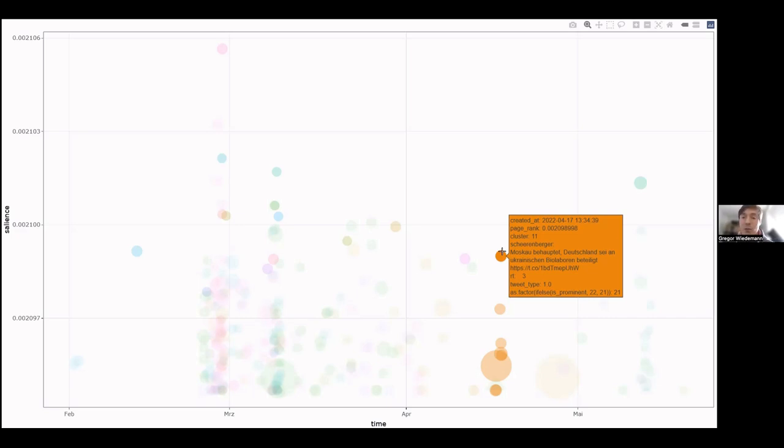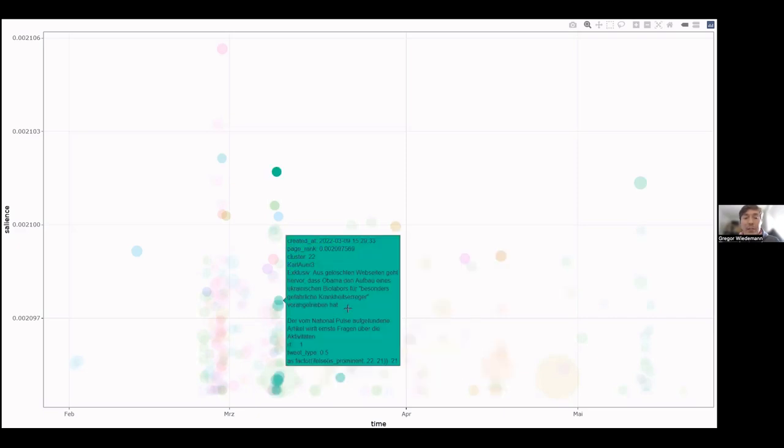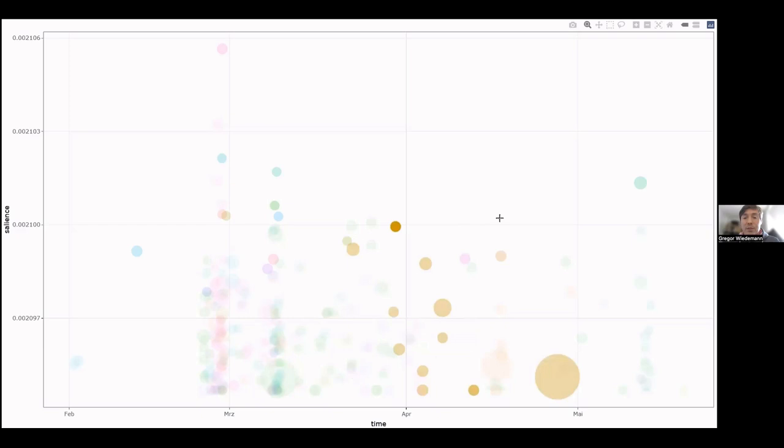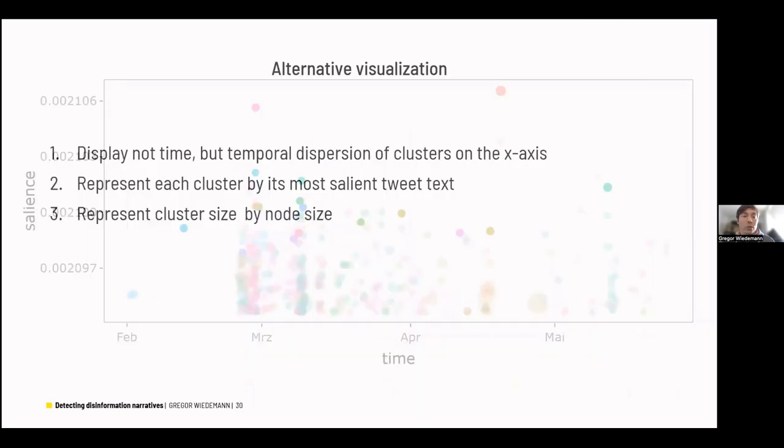But this is only detectable for 2 or 3 days in the data. So we can actually observe lots of these different events, and some of them are dispersed over time and some are not. This is an interesting fact that we can also make sure to investigate more closely.